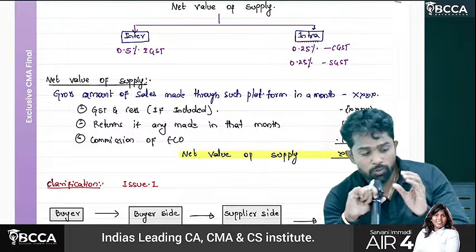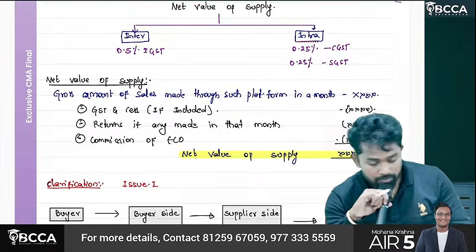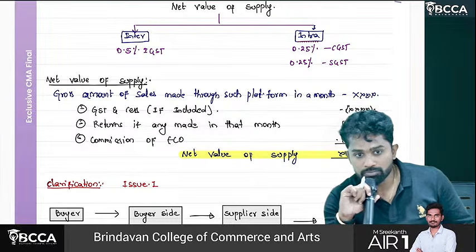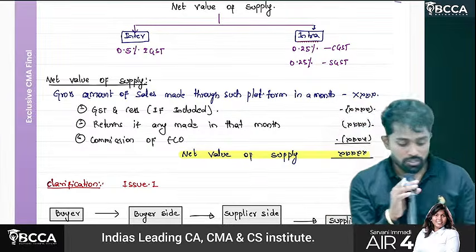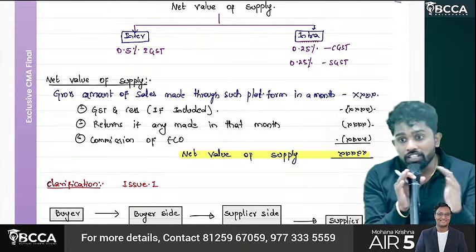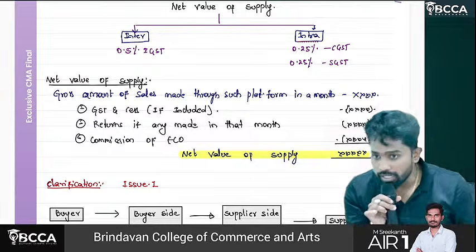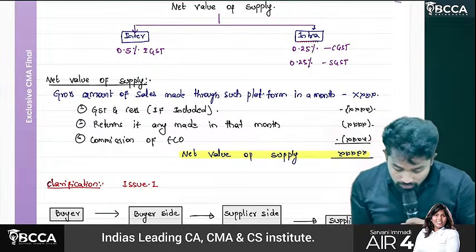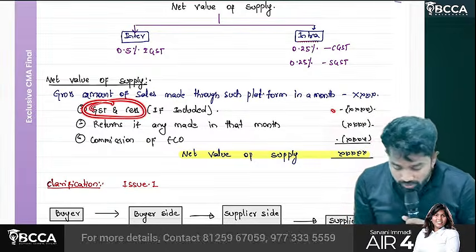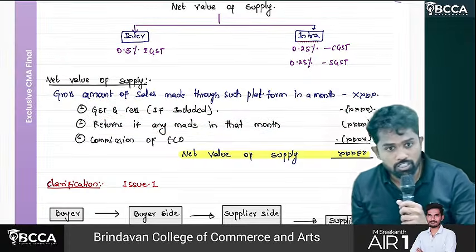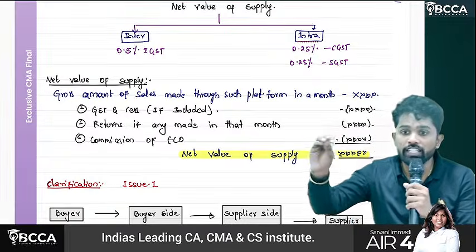So let's say one particular seller. Let's say I sell furniture and I listed my furniture through Amazon. Now we need to check the total furniture sales I made through Amazon in a month. I made 30 lakh sales through Amazon. Take that 30 lakhs. Out of them, if any GST is included, subtract. Then if any returns are made, obviously online there may be returns. 5 lakhs returns are there.